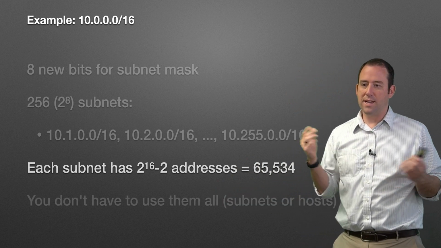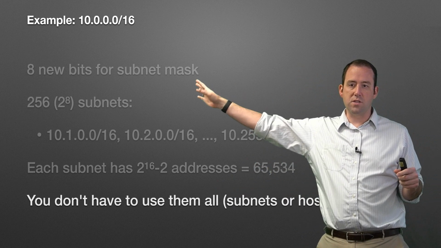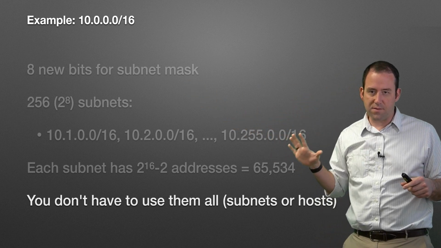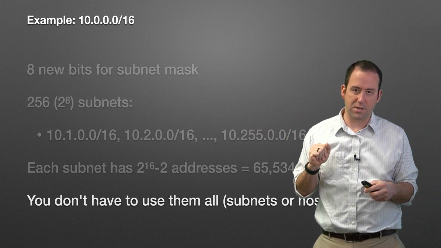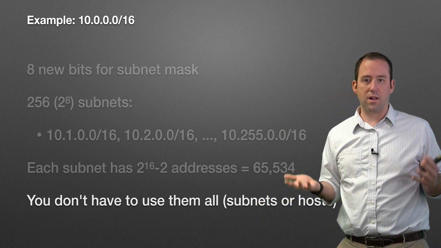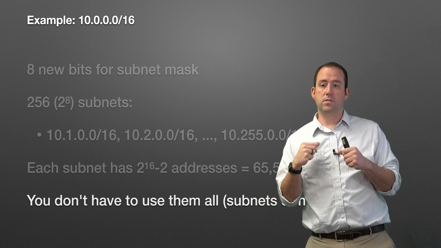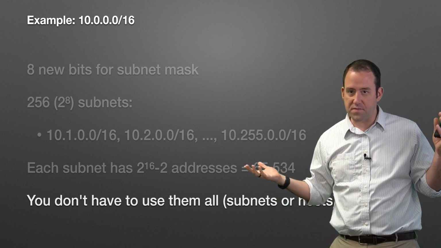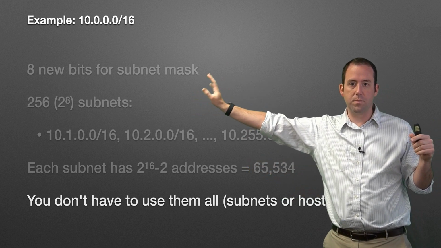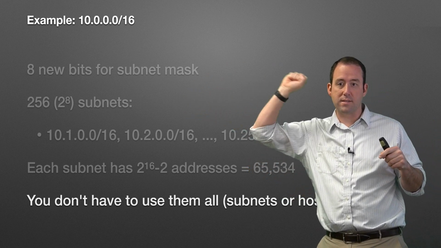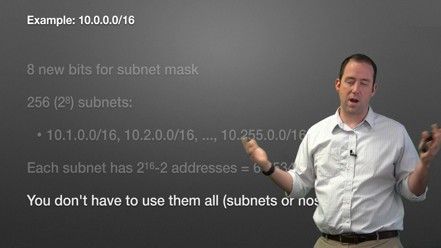Now the trick about this is you don't have to use them all. So we've created 256 subnets with 65,534 devices on each subnet. You don't have to use all of those addresses, but you have them. So if you needed 250 subnets, that's okay. You would still use this subnet mask and just have 6 subnets that you're not using.